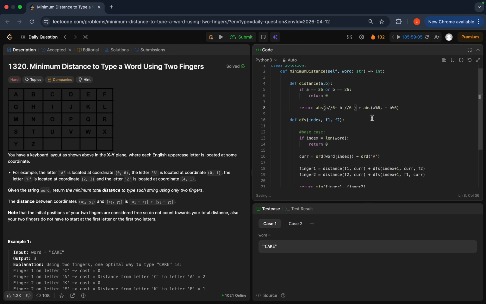Yes, and for memoization we did not use any map, so we will be using LRU cache.